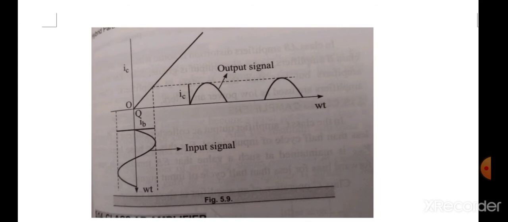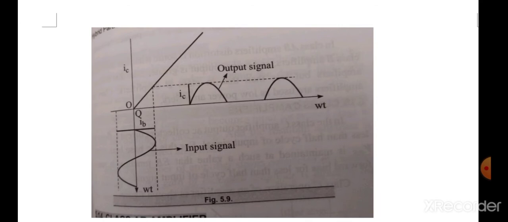The power output and efficiency of a Class B amplifier are higher than those of the Class A amplifier.